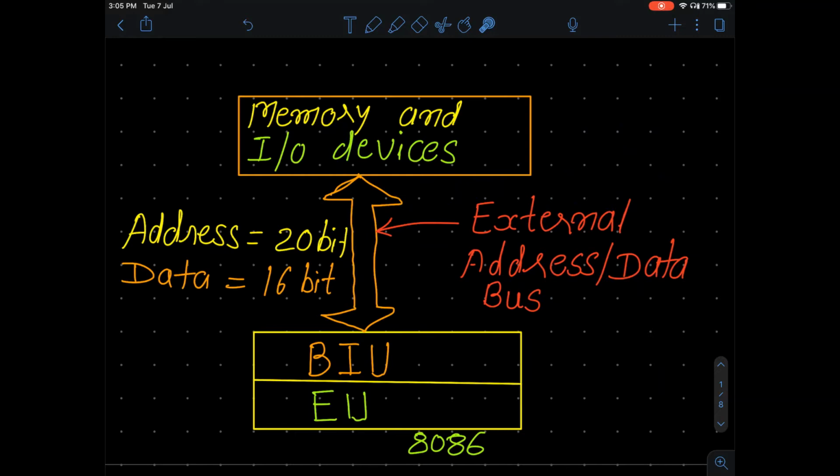These are the simple operations performed by the bus interface unit.